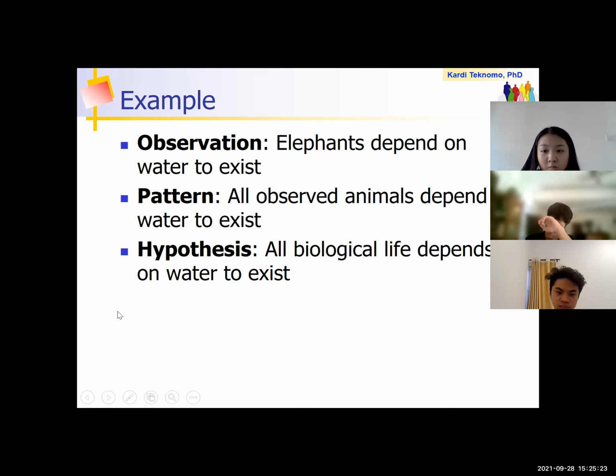Again, how about this? You observe that an elephant depends on water to exist. Based on your observation, you start to see a certain pattern. What is the pattern here? That all observed animals depend on water to exist. Then you create a hypothesis, or conclusion, that all biological life depends on water to exist.